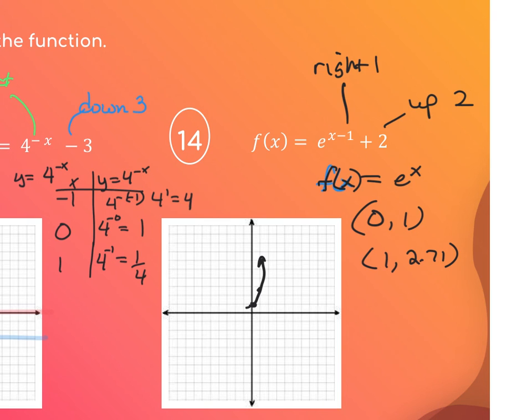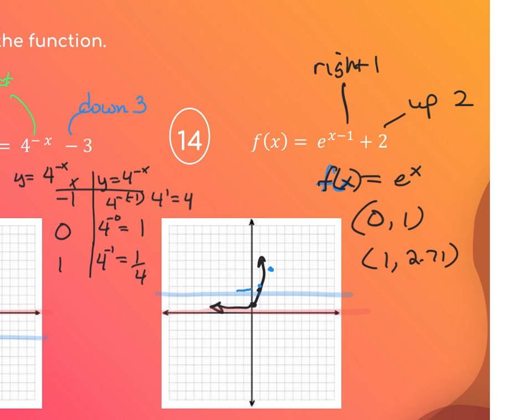So there's the basic graph with the horizontal asymptote. Let me shift my asymptote up 2 units. I'm going to go up 2, 1, 2, and to the right 1, up 2, and to the right 1.